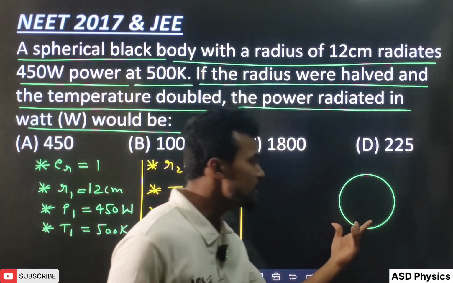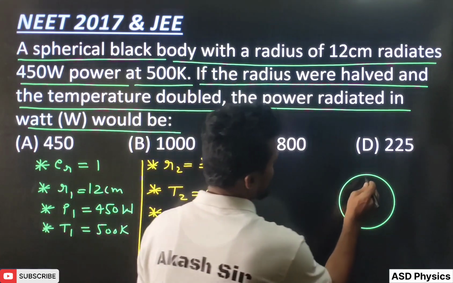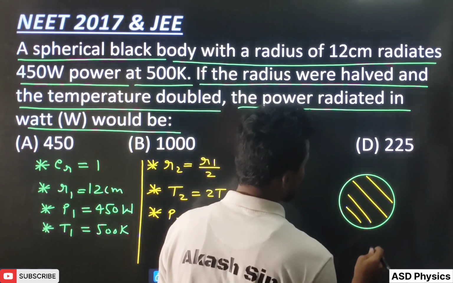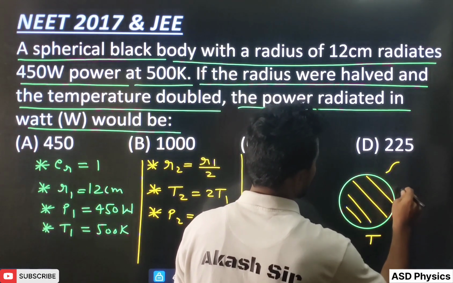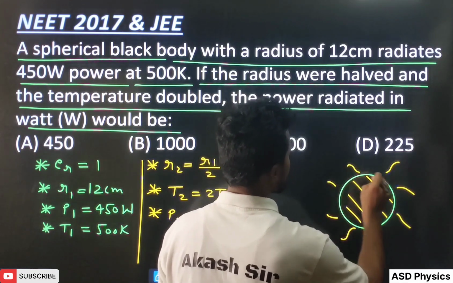So here I have taken one spherical body. If this body is having some temperature T, from here the radiation will come out.